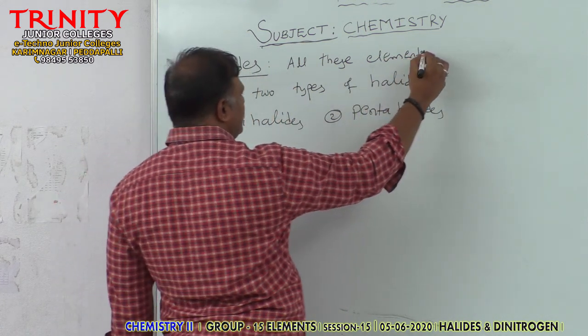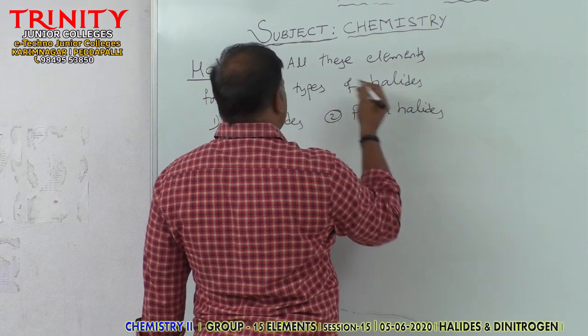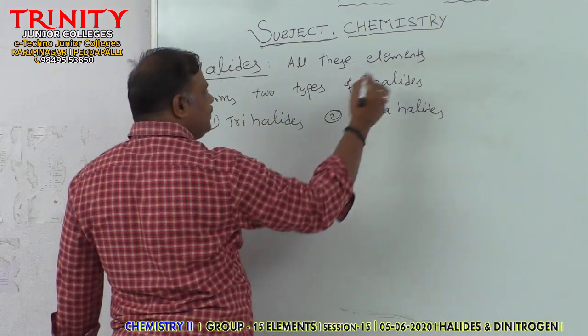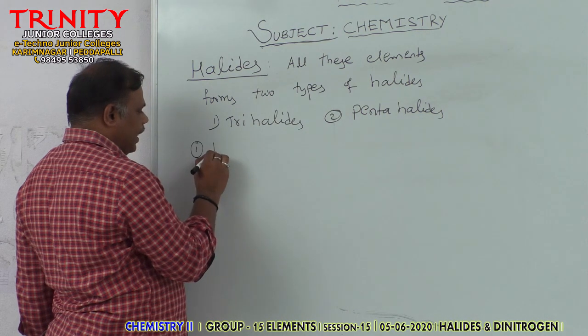All these elements except nitrogen almost form two types of halides. First one, trihalides; second one, pentahalides.